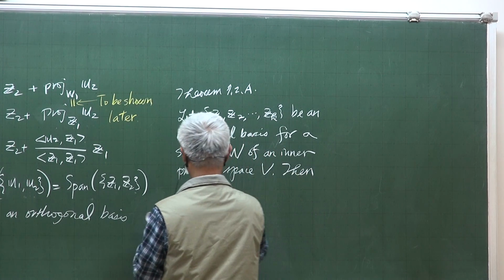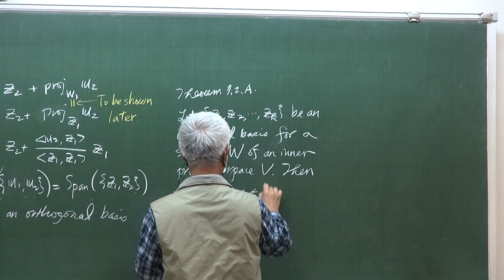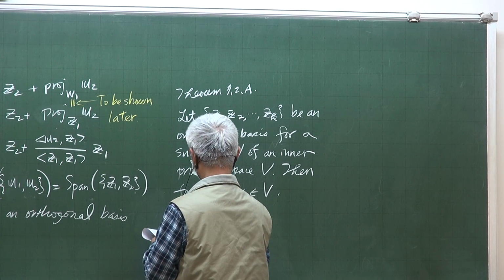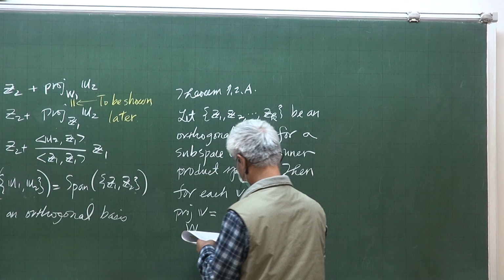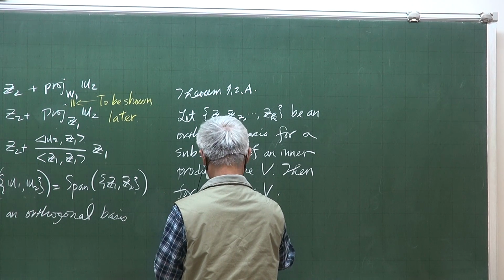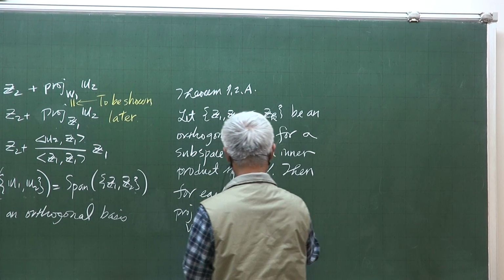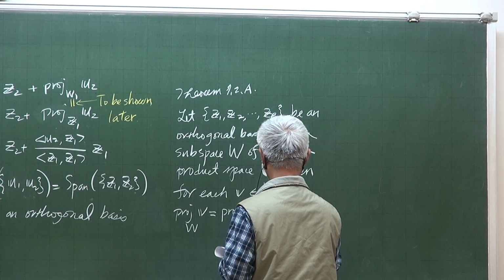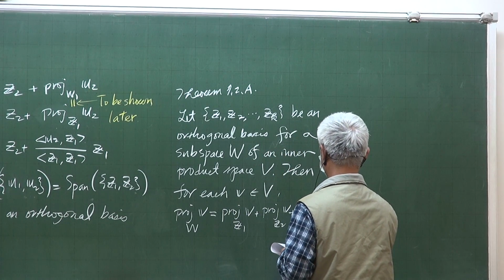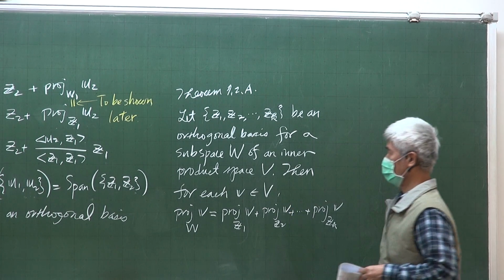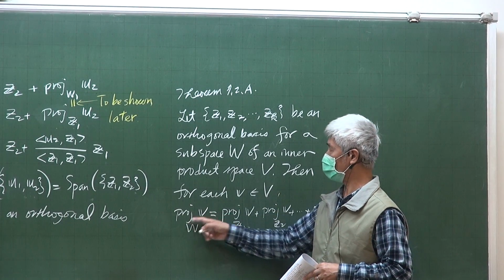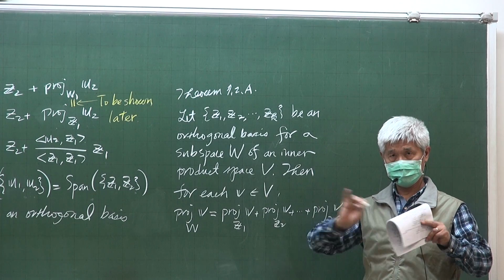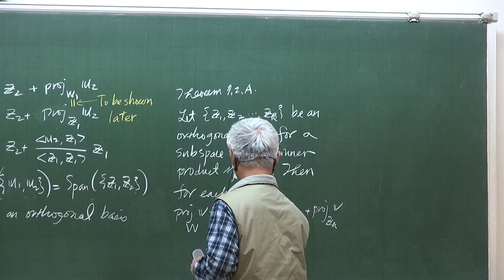Then for each V in the inner product space, the projection of V onto W is actually equal to the projection of V onto Z1 plus the projection of V onto Z2 plus etc., plus the projection of V onto Zk. So the projection of V onto W is just the summation of the projection of V onto each vector in the orthogonal basis.